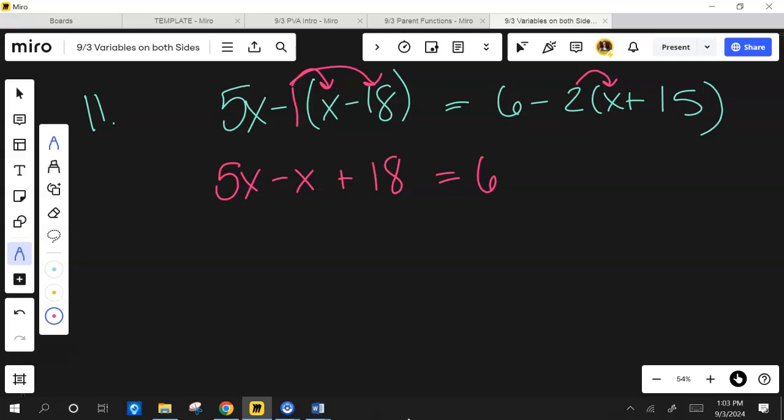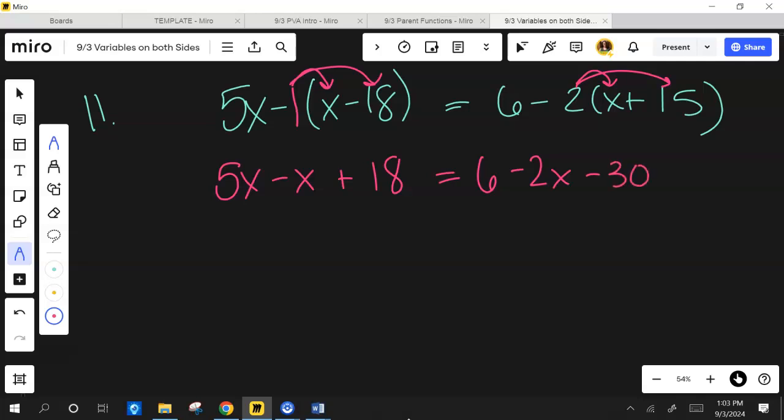Good job. The sign follows it, right? So minus 2x. And now, when I go to that last one, what is negative 2 times 15? Negative 30, right? Negative 30.